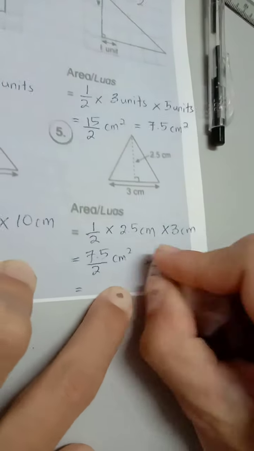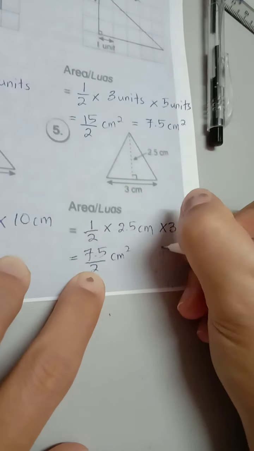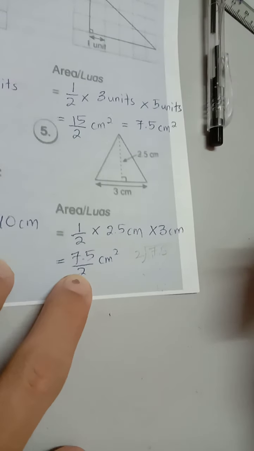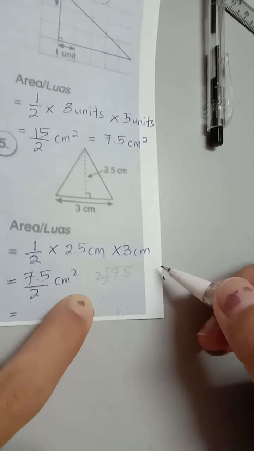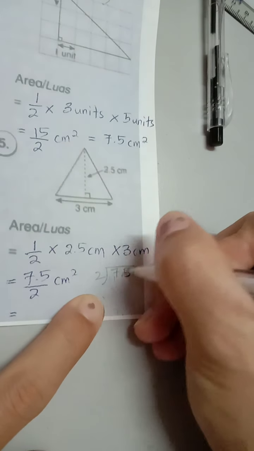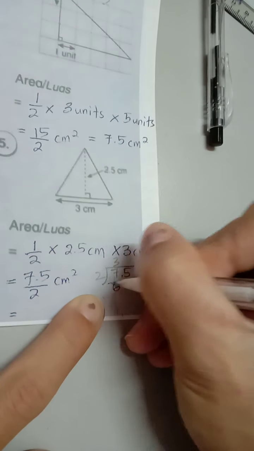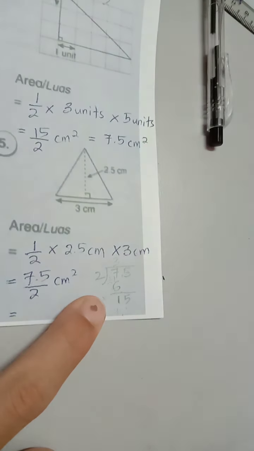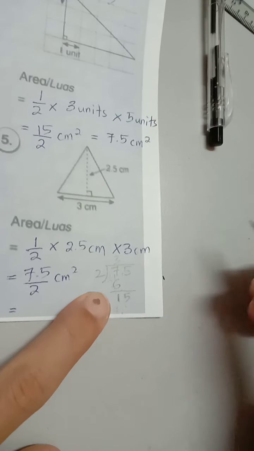So let me erase this one. Let's divide 7.5 by 2. There's no 7 in table 2, but the nearest is 6. So that is 2 times 3 is 6. The remainder is 1, 5. There's no 15 in table 2. The nearest is 14.